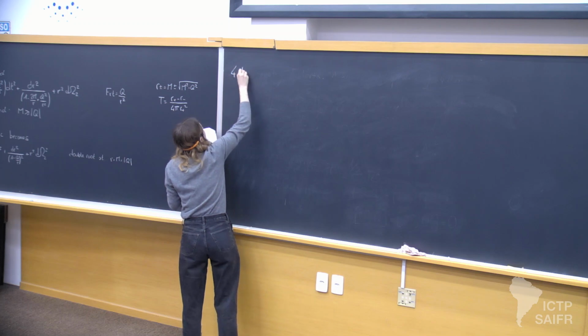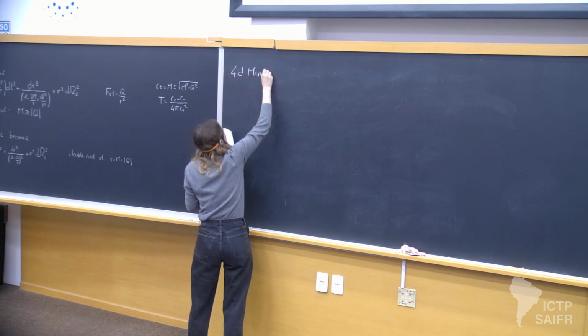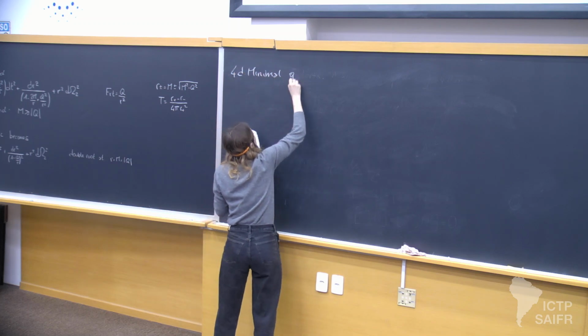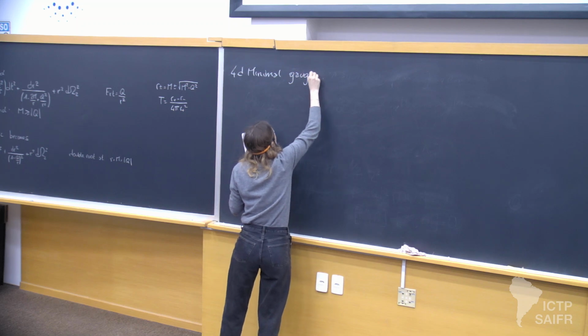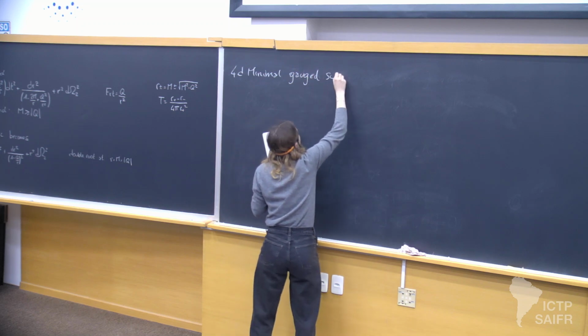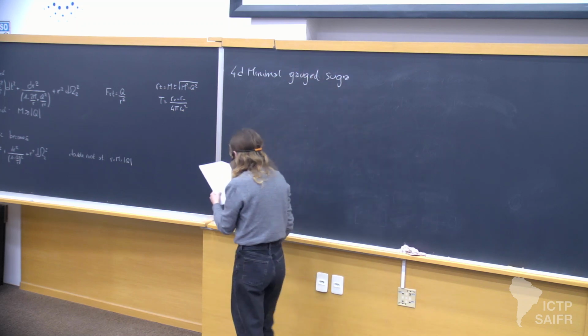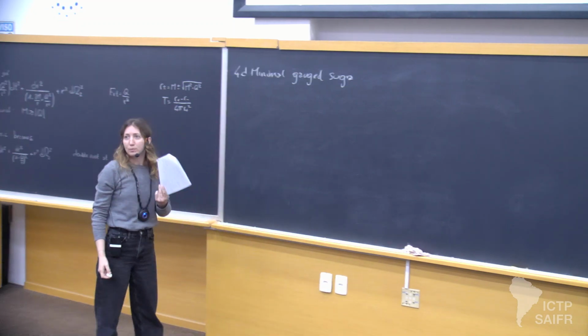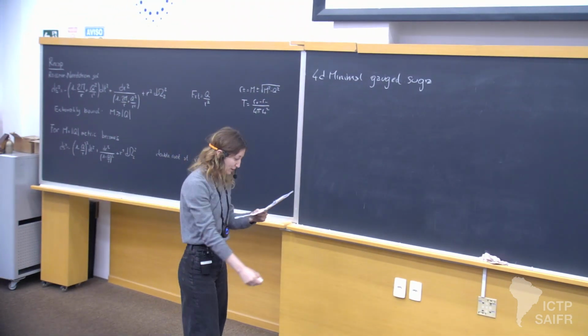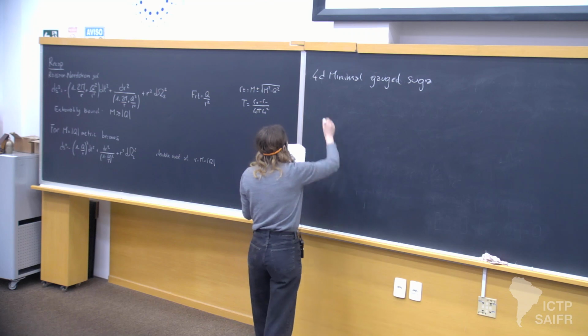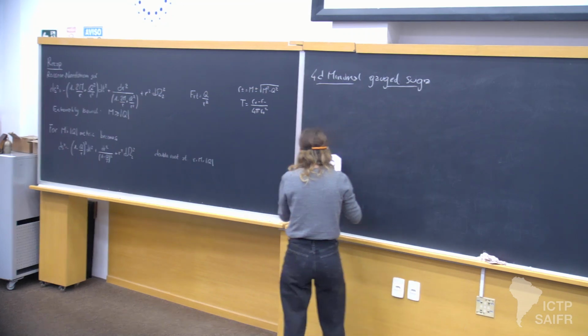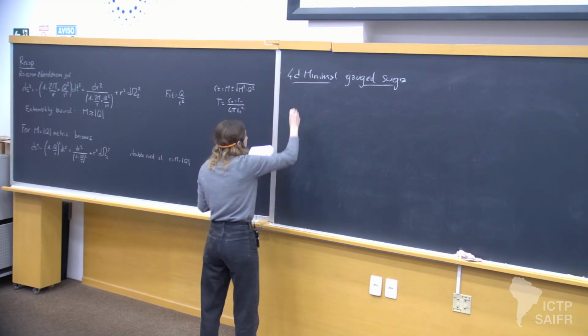The full name is minimal Fayet-Iliopoulos abelian gauged supergravity, but let's just abbreviate it. So the bosonic action of this theory is very simple.